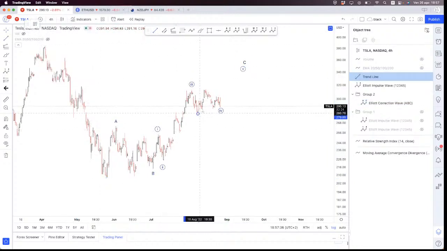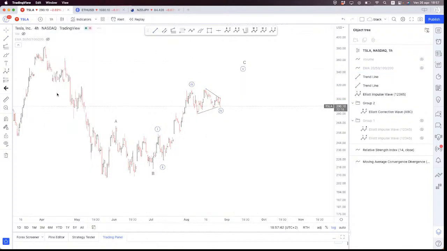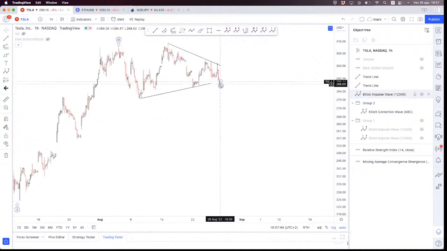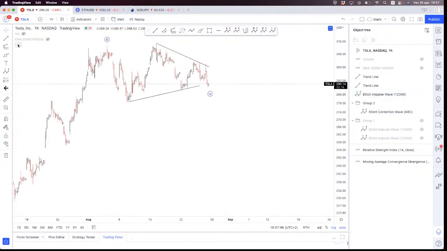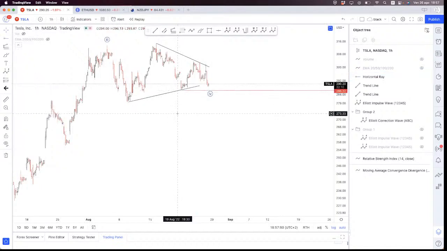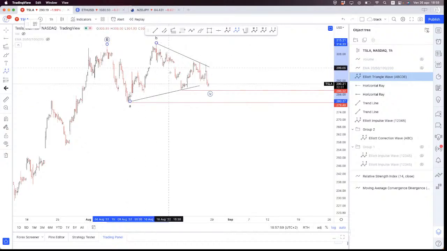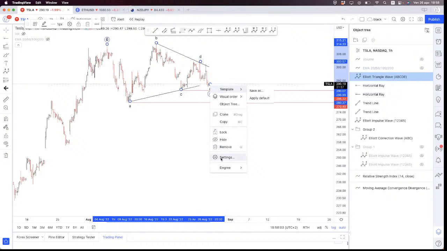Obviously this being a triangle into wave 4. So if I am correct, which is a big if, we do not need to break south of this, and most importantly south of this. So this would be A, B, C, D, E.